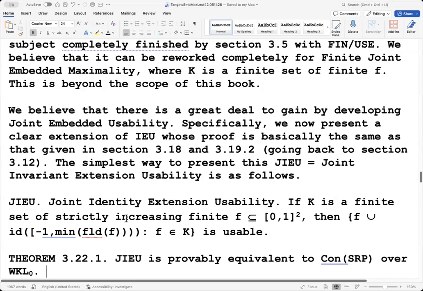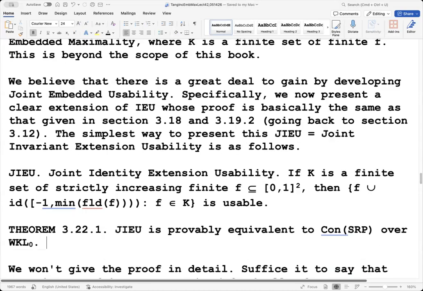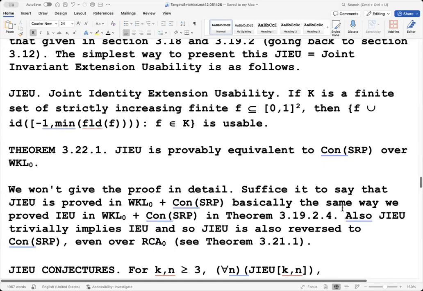If K is a finite set of strictly increasing finite functions, then the union of F with the identity below the minimum field element of F. So here's F, and here's how you get below F. I want all that filled up with the identity. That's what they took to prove this, and I might need the same thing. That JIEU is provably equivalent to Con SRP over WKL naught is what we have.